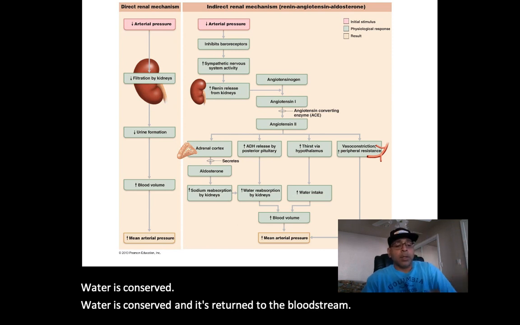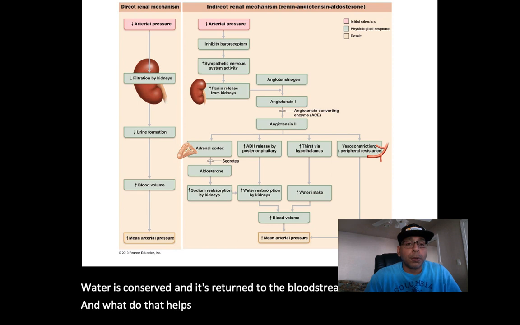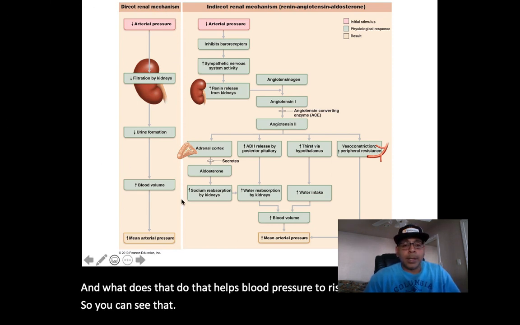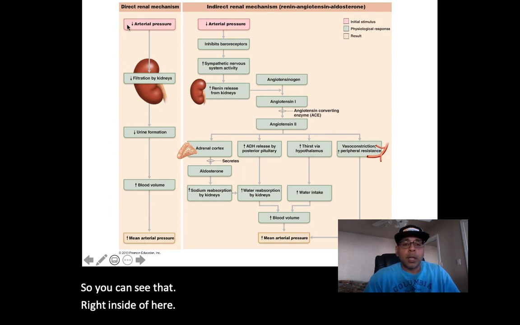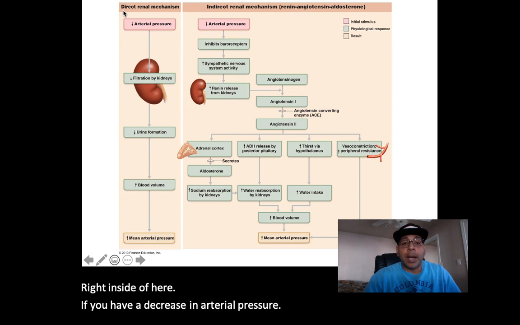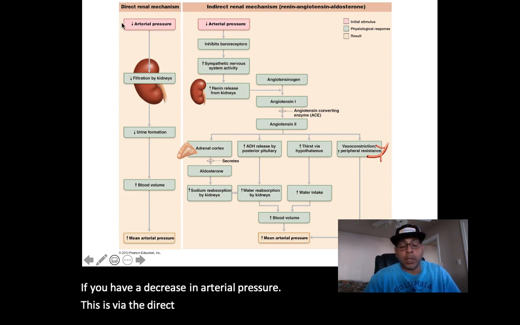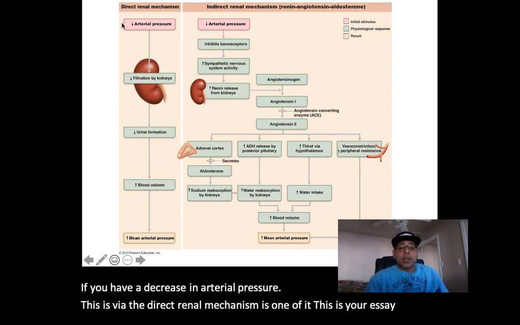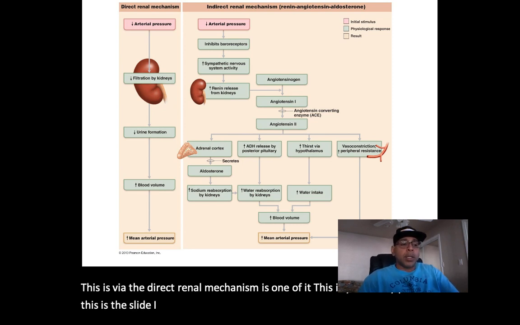And what does that do? That helps blood pressure to rise. So you can see that right inside of here. This is via the direct renal mechanisms. This is your essay part. So this is the slide I told you would have to go through and understand.